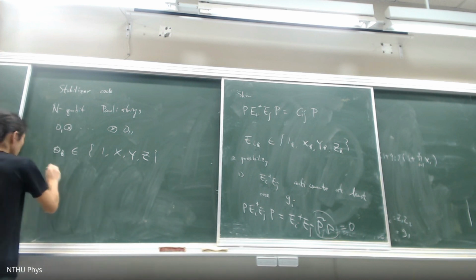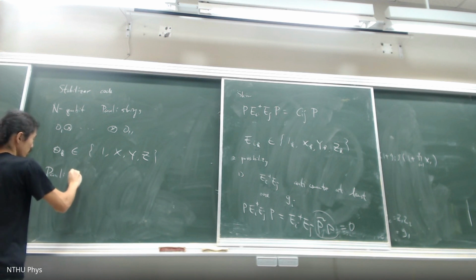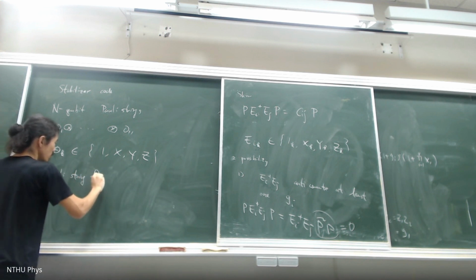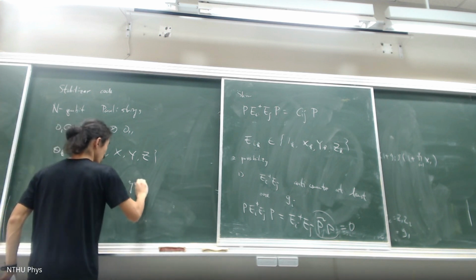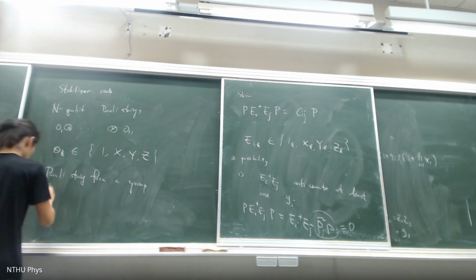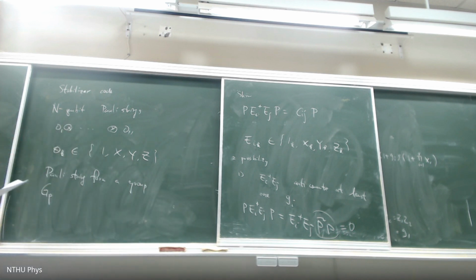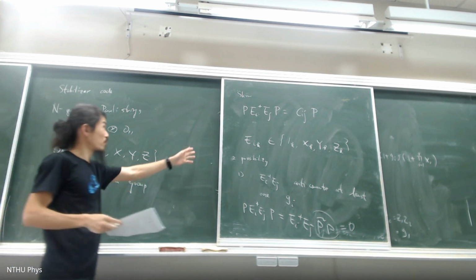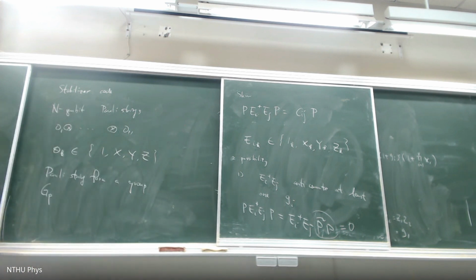Let me denote this Pauli string group GP, which is a group. What we learned from the Shor code is that the stabilizer is a subgroup of this Pauli string group. So what is the group of a stabilizer?